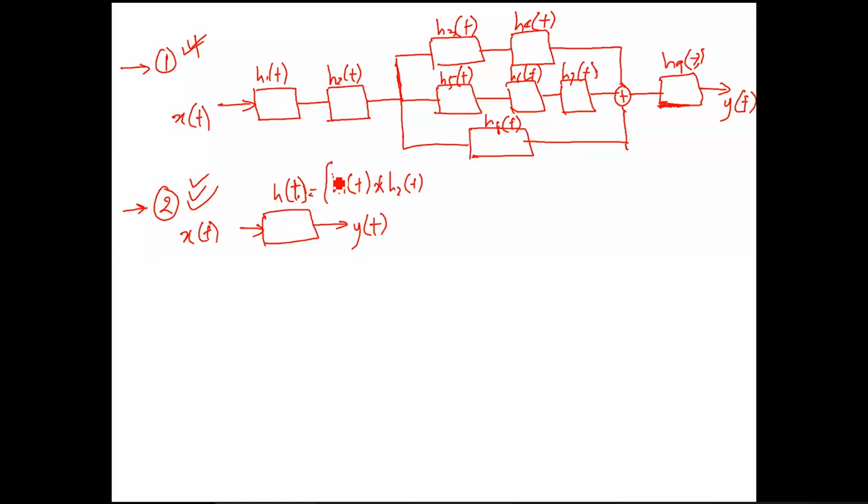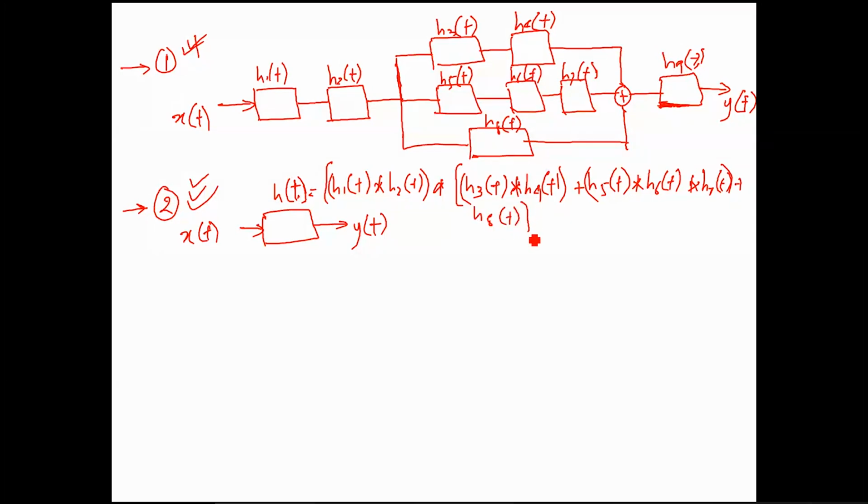So this one will be something like this thing, convolved with the summation of H3t convolved with H4t, plus H5t convolved with H6t convolved with H7t, plus you have H8t, this whole thing convolved with H9t.